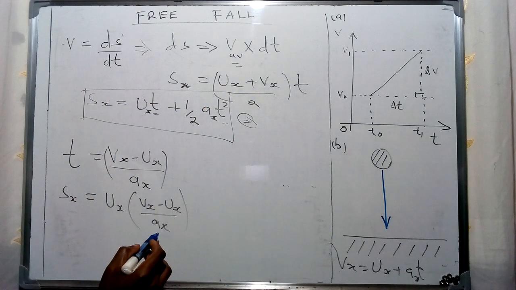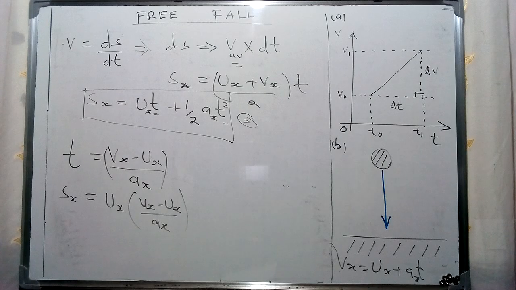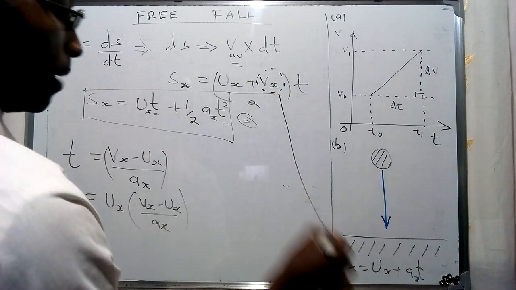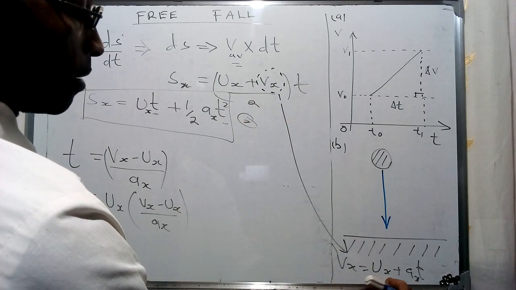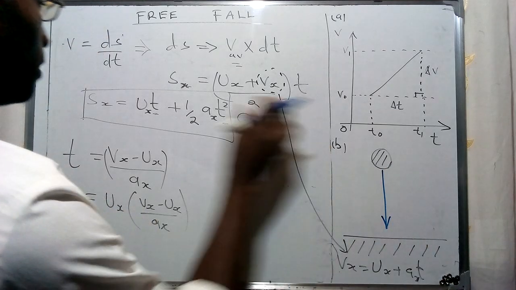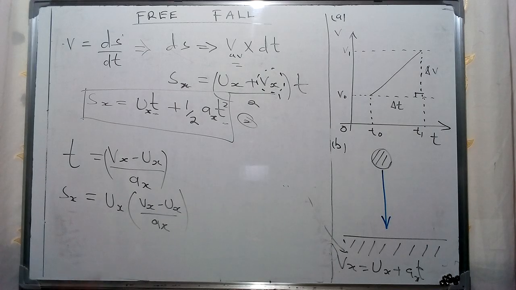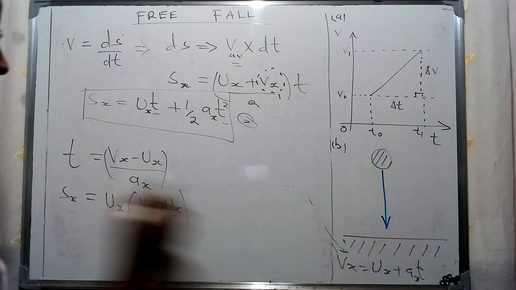So basically, this specific adjustment was done with respect to the representation where Vx is represented by Ux plus Axt, and this gives us the product of our second evaluation. So in this case, we're going to consider this third equation, which is going to assist us in describing the concept of a free fall. I said that we're going to take this equation and have t substituted from the first equation.